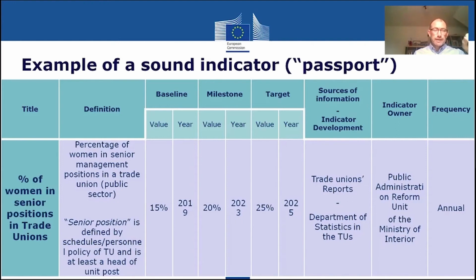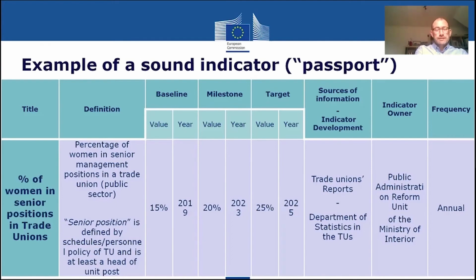And senior position is defined by the schedules or the personnel policy of the trade union, and is at least a head of unit post. So it's clear we're talking about a percentage, and we know what we're counting. That meets the two basic criteria of our definition.